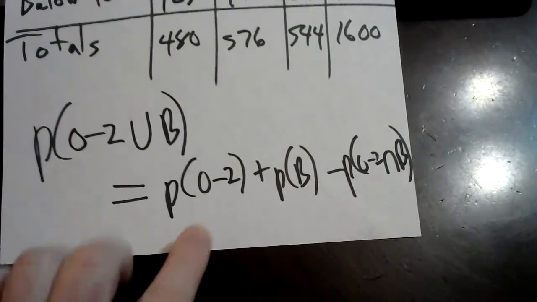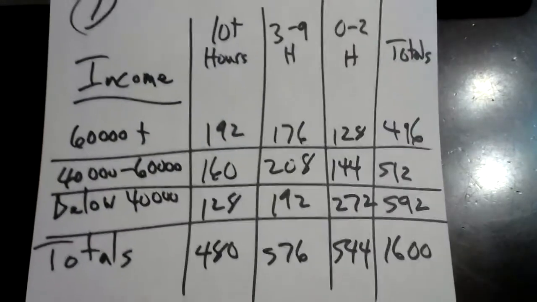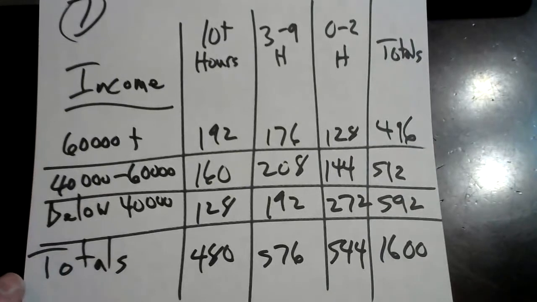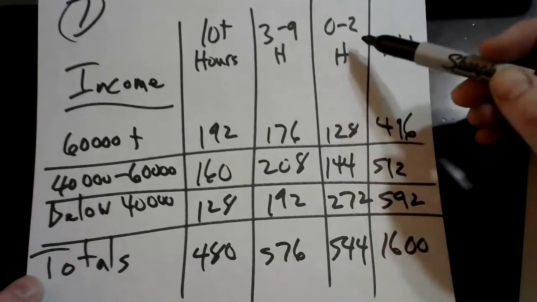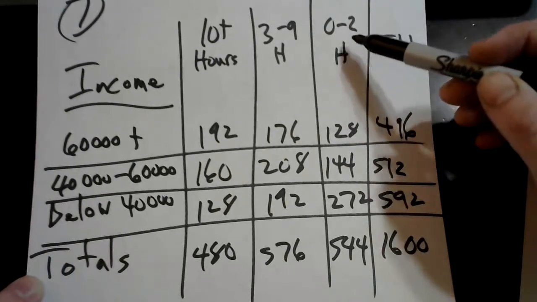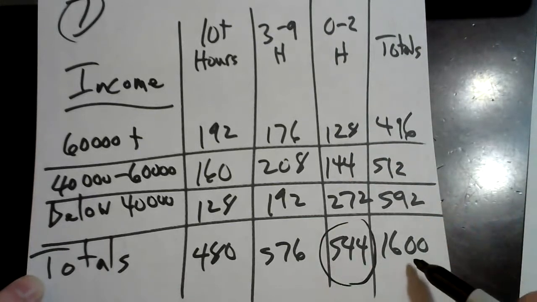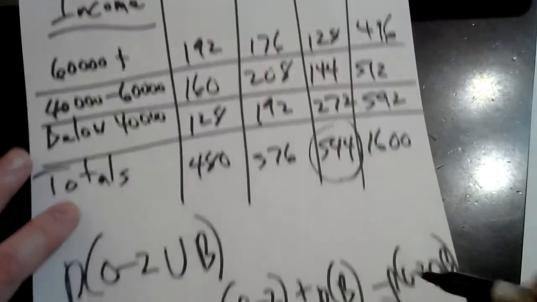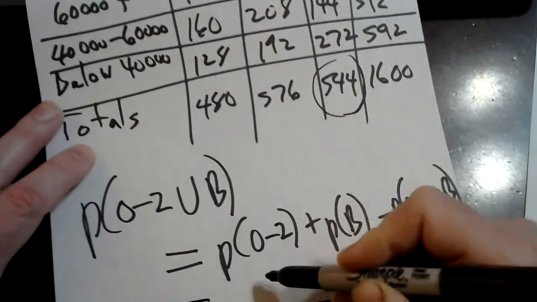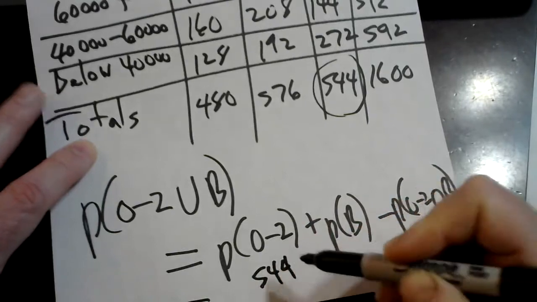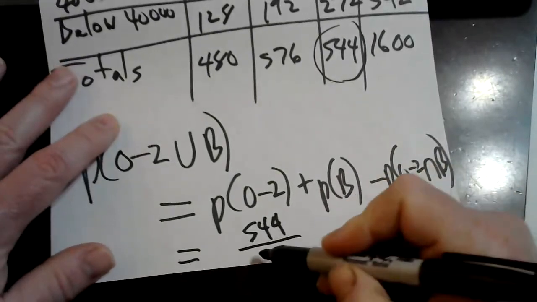Well, let's find the probability that they spend between 0 and 2 hours per month on the internet. Here's what you do. Take a look at the 0 to 2 hours column. There are a total of 544 people out of 1,600 that spend between 0 and 2 hours per month on the internet. So the first probability is 544 over 1,600.